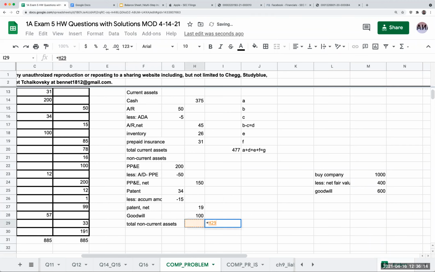This is going to be 100 plus 19 plus 150, or 269. So my total assets are going to be my total non-current assets plus my total current assets, or 746.